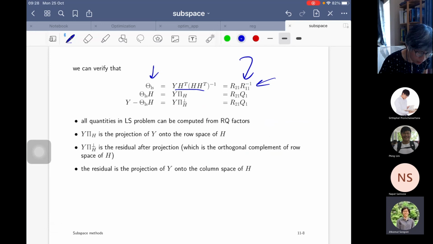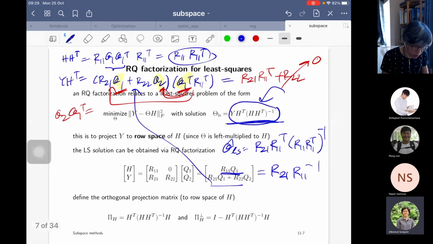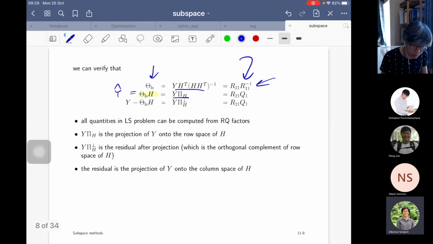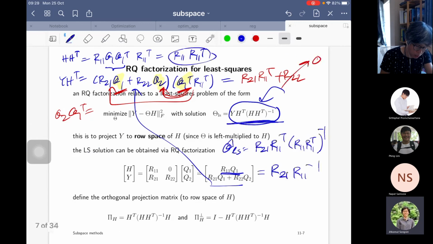I also have the expression, you can verify it in the same way. Theta hat times H has the meaning of your y hat. That is the orthogonal projection of y on the row space of H. So that's given by y times pi, and if you just work it out with this expression, as I explained previously, it is obtained from the RQ factor and Q1.